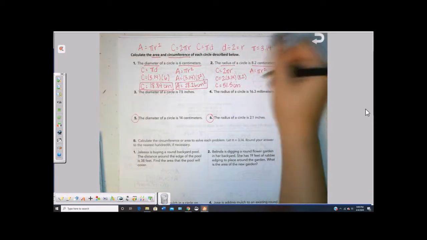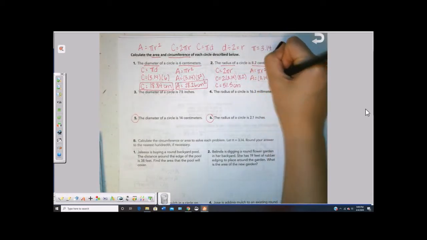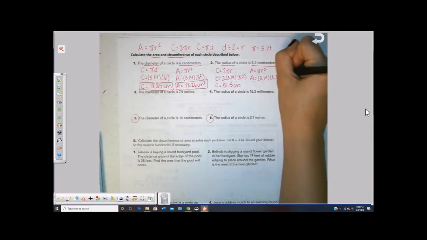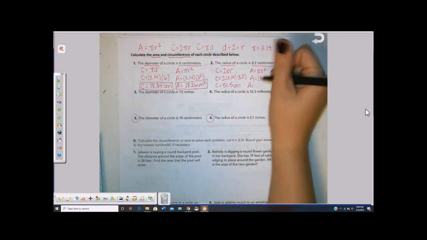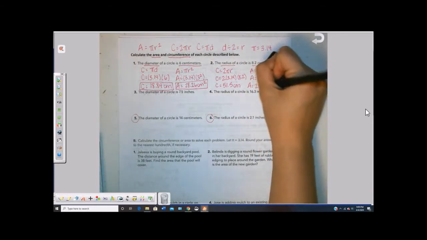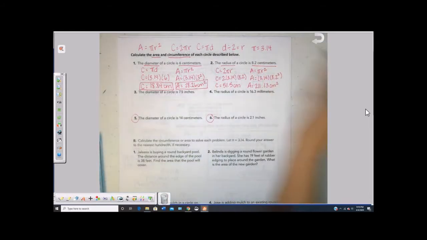Area equals pi r squared. We're going to take 3.14 times 8.2 squared. And when you do this, you get 211.13 centimeters squared.